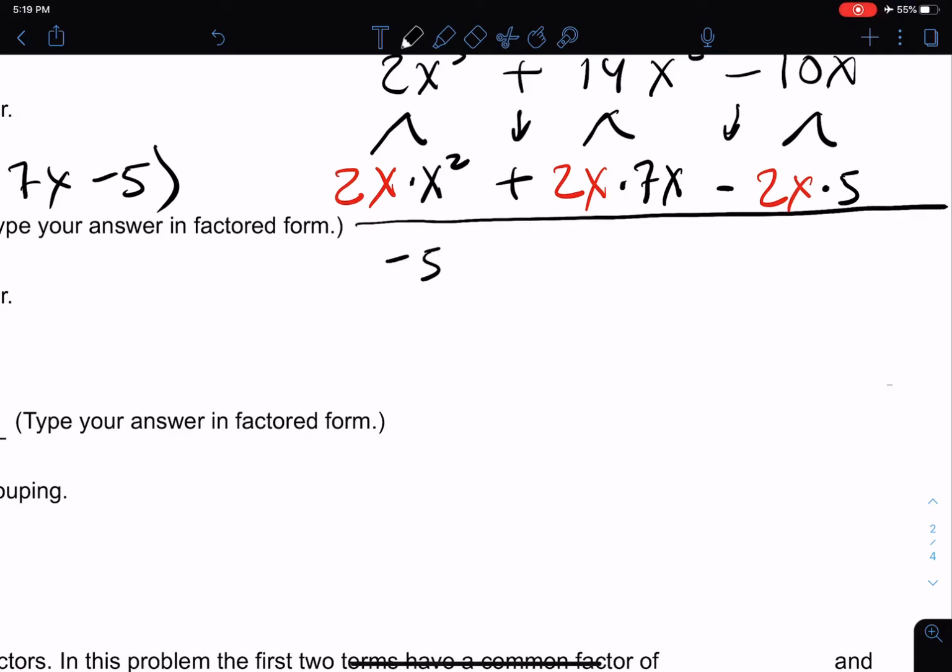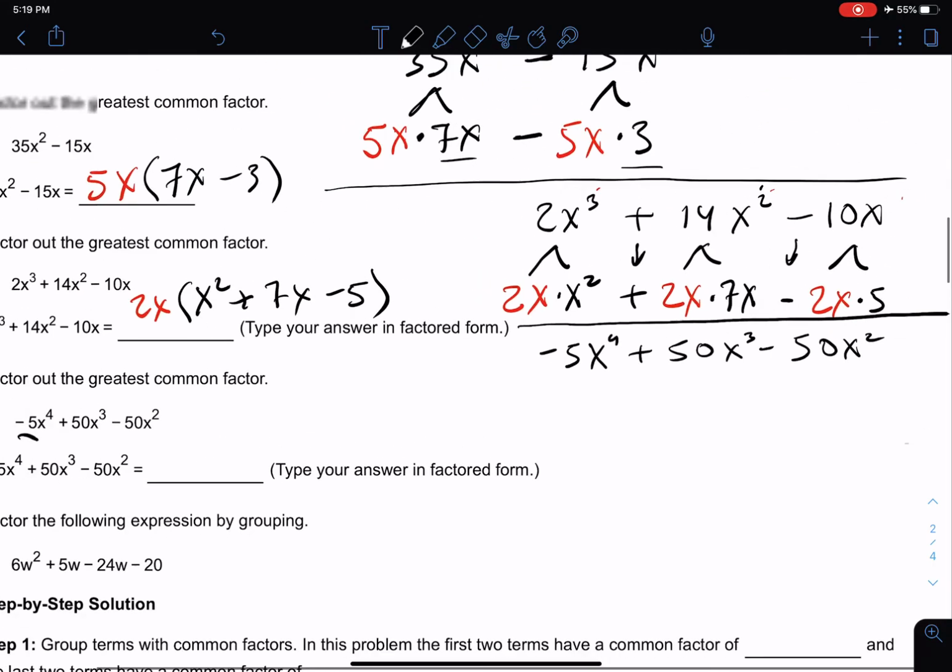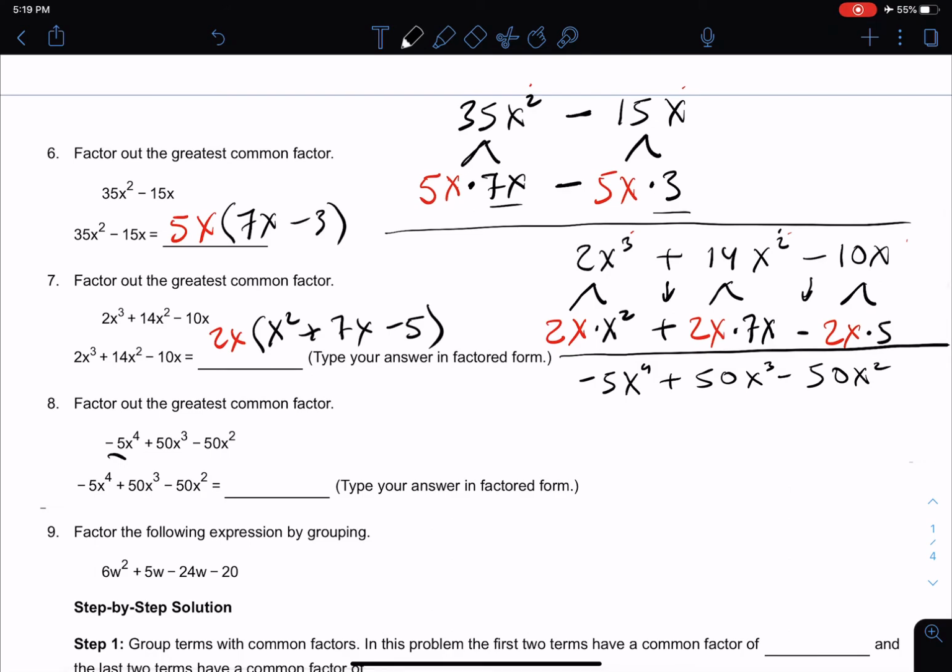Negative 5x to the 4th plus 50x cubed, and then minus 50x squared. If I copied that down correctly. Negative 5x to the 4th plus 50x cubed minus 50x squared. Good.